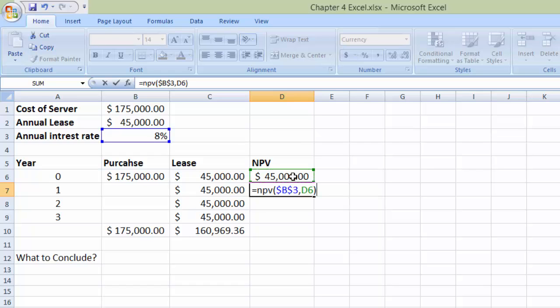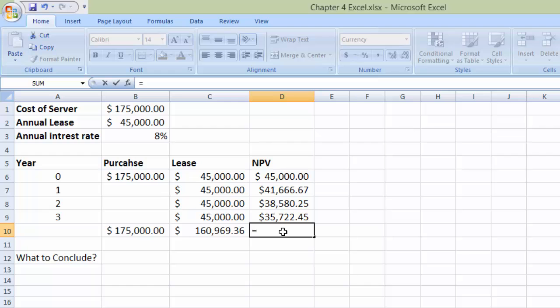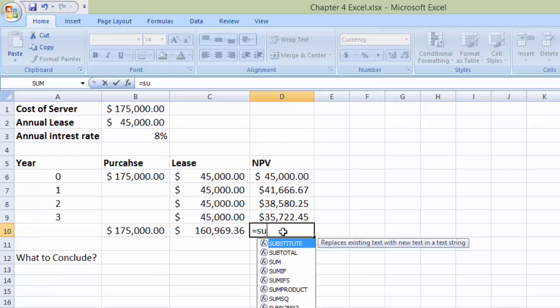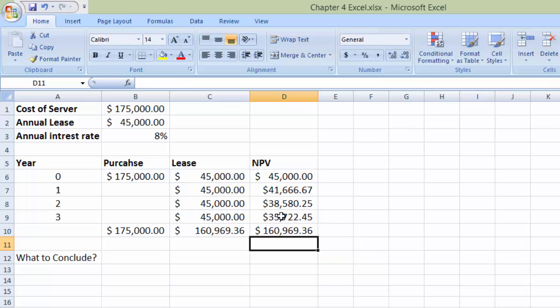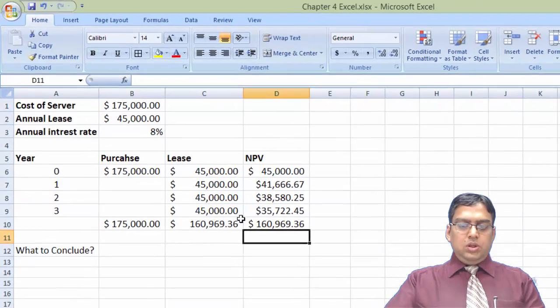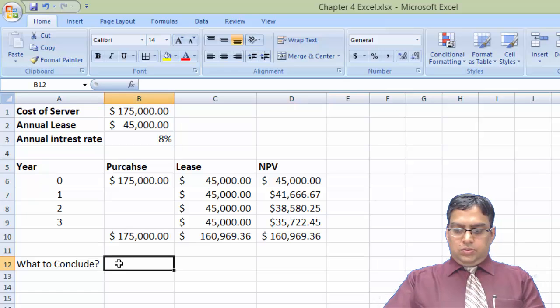Bracket close. Enter. Then according to the relative cell reference, drag and drop. And the last one is equal to sum, bracket start, these all numbers. Lease and your net present value are equal. These amounts are equal, and what to conclude?